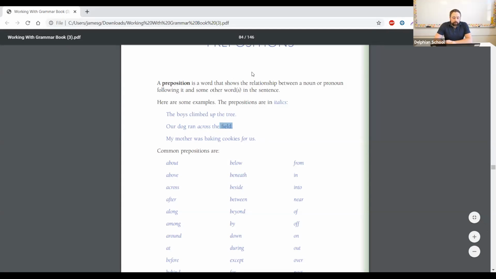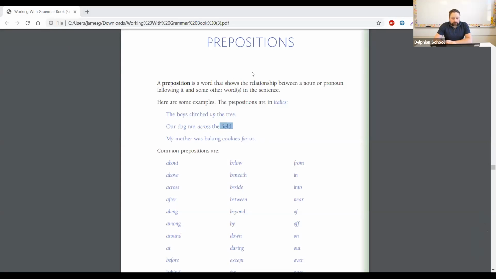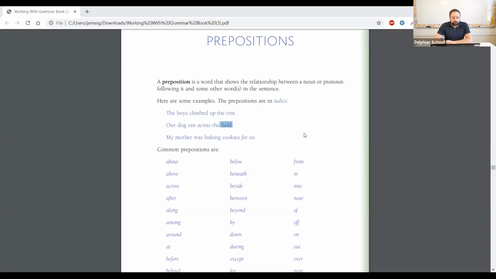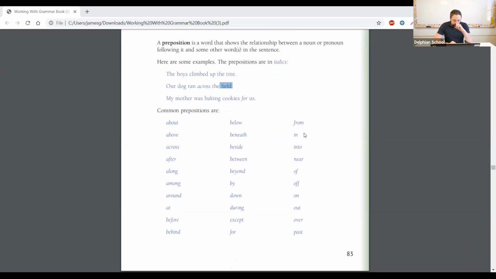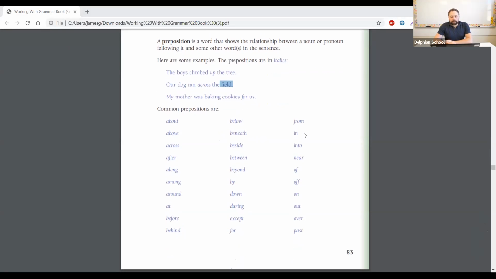So here is a whole big list of common prepositions, and there's a lot here. One of the things about parts of speech is that there are some parts of speech, like we talked about the article a week or two ago. Articles, it's only 3 words in English. A, an, and the. If you remember those 3 words, you know all the articles. That's all you have to remember.